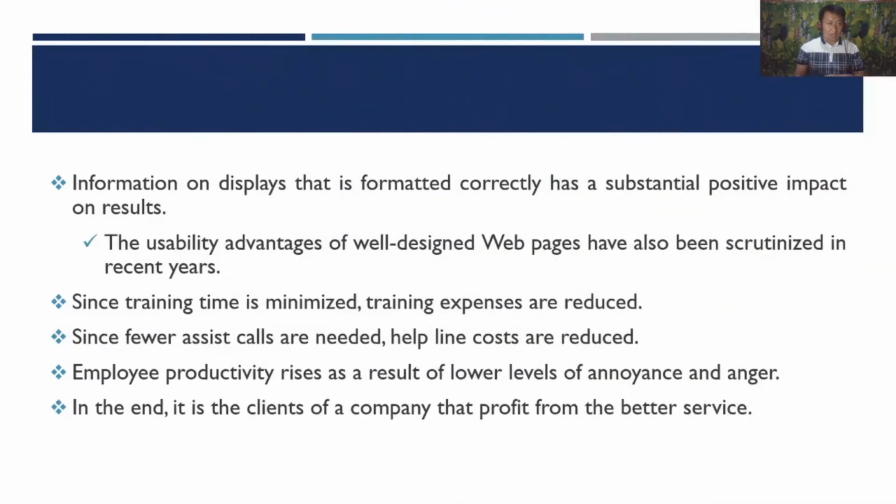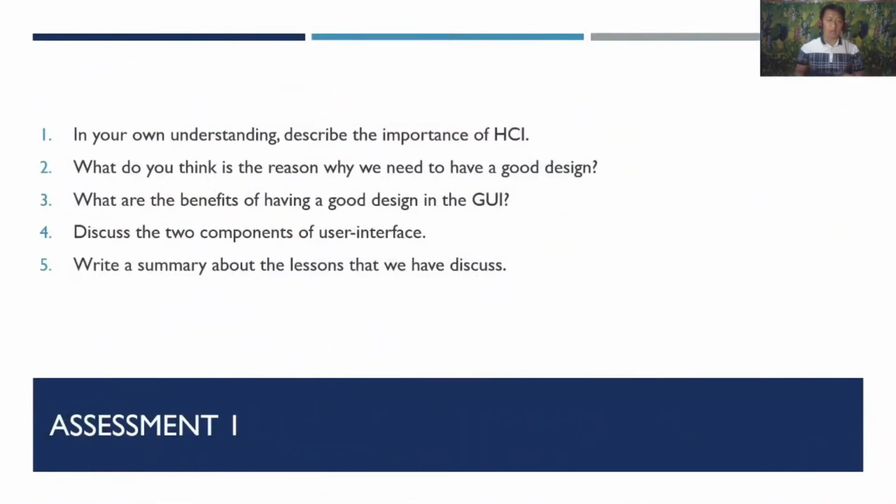Okay, what else? So I think we're done for the first set of our discussion. So let us now go to our first assessment. Okay, assessment number 1. We have here 5 questions. In your own understanding, describe the importance of HCI.